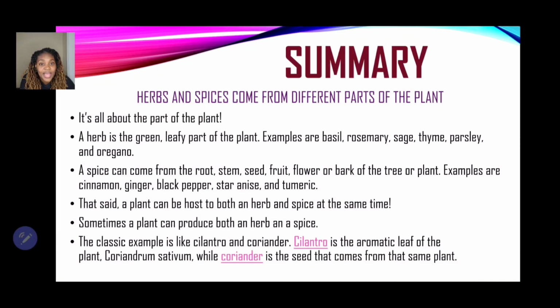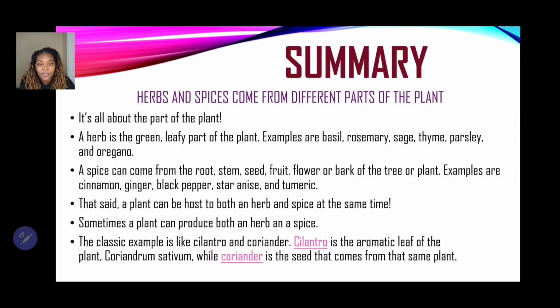Good. A spice can come from the root, stem, seed, flower, fruit, or bark of the tree or plant. Examples: cinnamon, ginger, black pepper, anise, and turmeric.